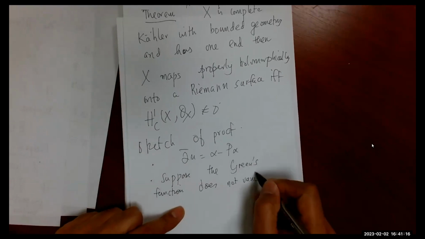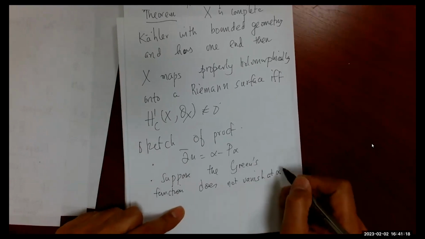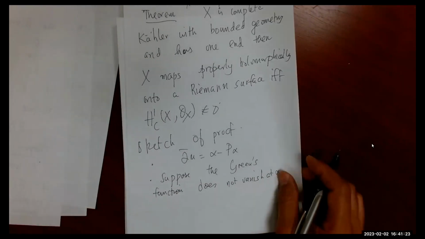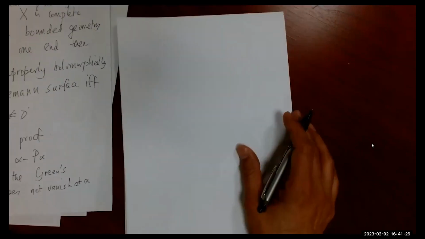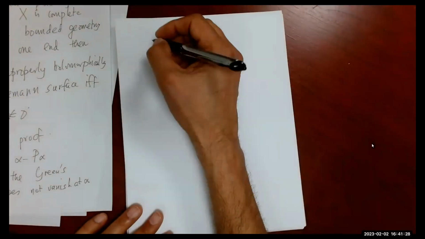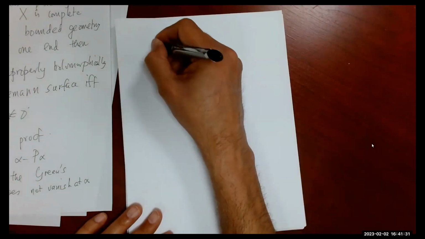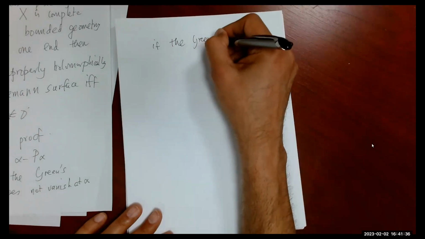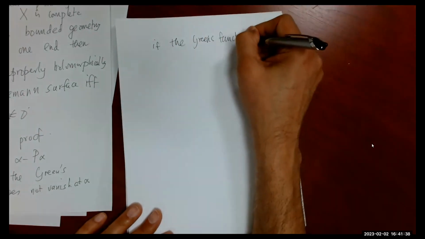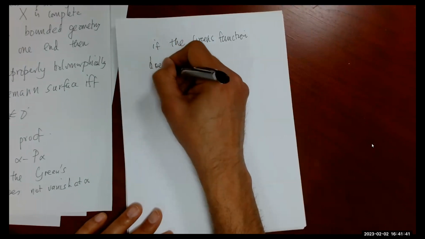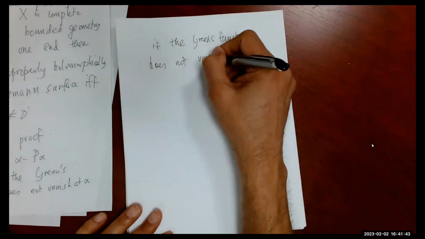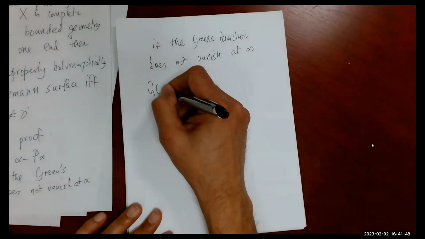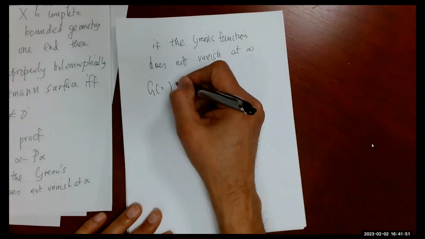Originally, we didn't know how to do this case, and it turns out this case is much easier than the case where the Green's function vanishes at infinity. Let me outline the point. If it's really a kernel, it's a function of two variables.